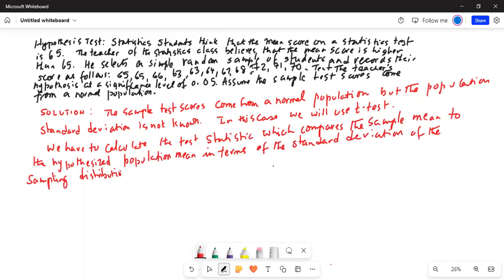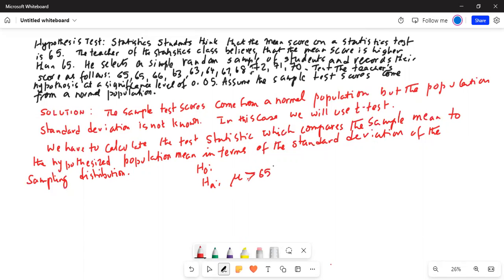Okay. So let's state the null and the alternate hypothesis. I will write H sub A for the alternate, makes it easy. The teacher thinks that the mean score is higher than 65, mu greater than 65.